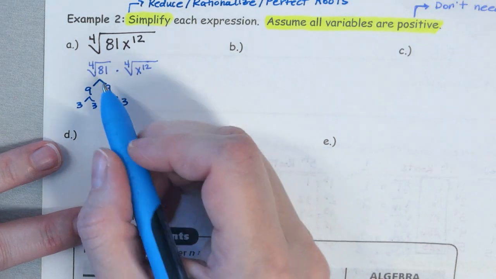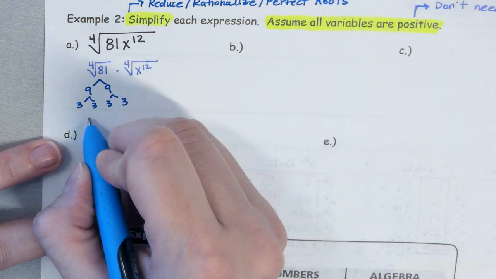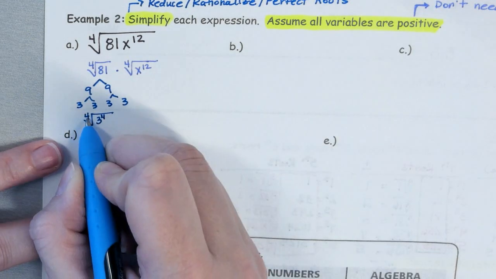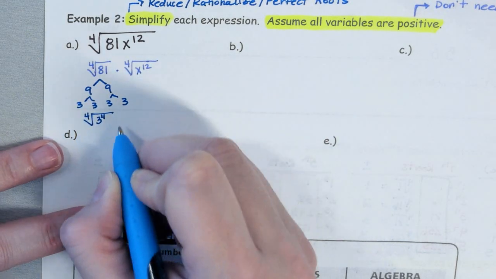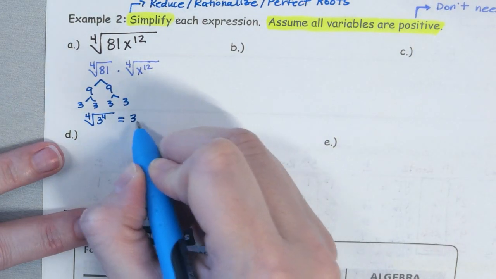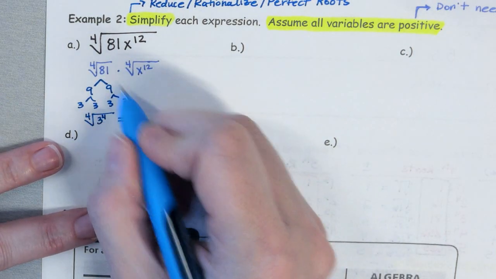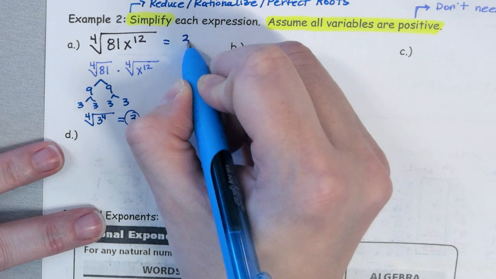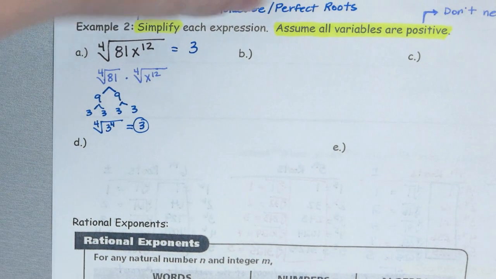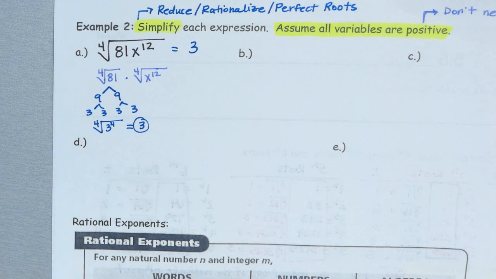Yeah, so another way you can think of this is the fourth root of 3 to the 4th. And what happens with the index and the power? They cancel, so you're left with 3. So this simplifies to 3. That's going to be part of your final answer. So I'm just putting equals 3 as part of my final answer.